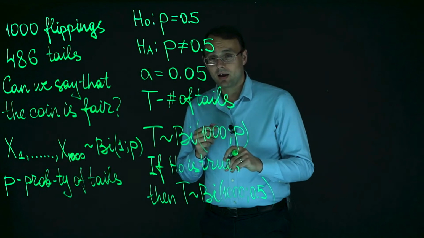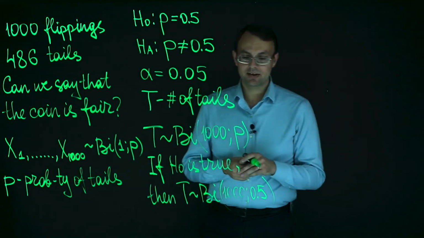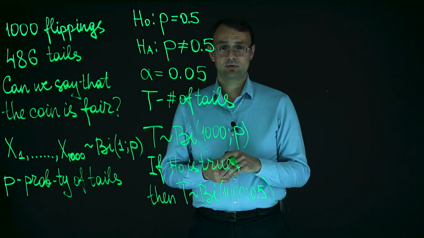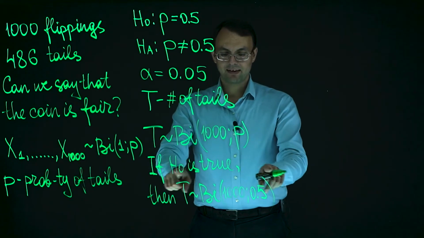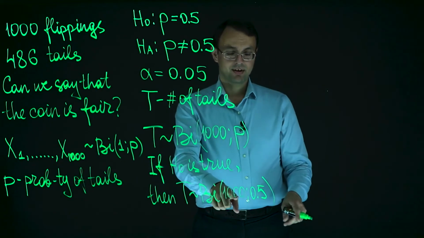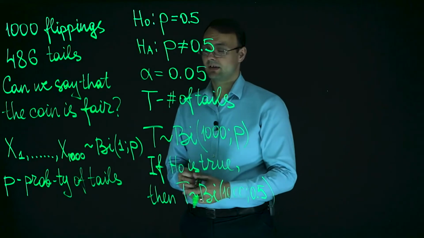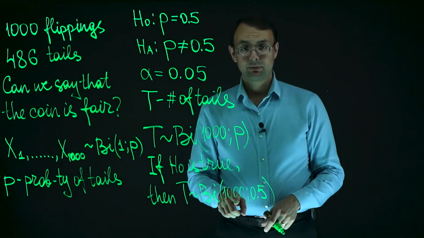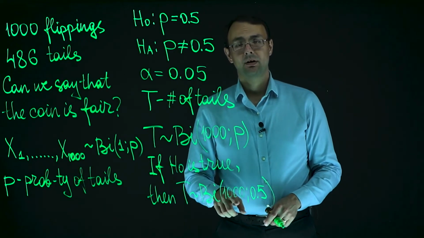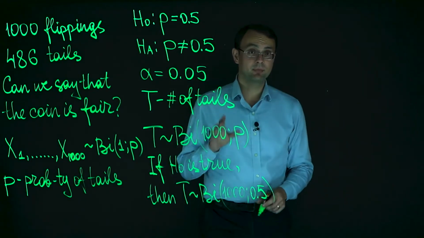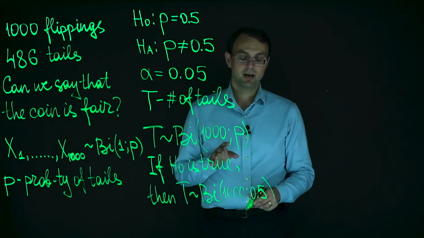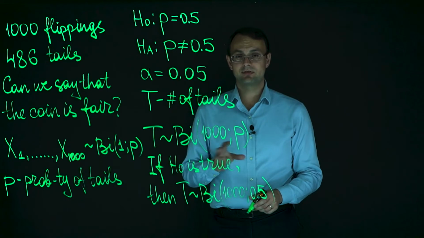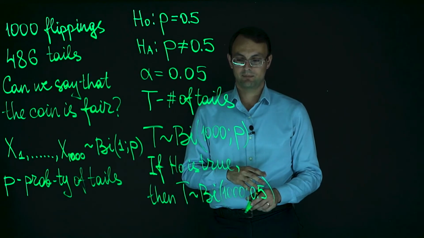But we know that it is usually very inconvenient to deal with a binomial distribution with a very big number of trials. When the number of trials is very big, we usually say that according to the de Moivre-Laplace theorem, we can use the normal distribution instead of the binomial one.